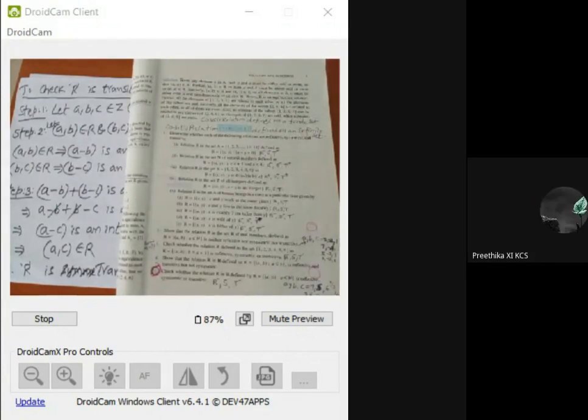Sir, then also for the second question, for the first one, you have said that it is reflexive, but we have 1 comma 1, 2 comma 2, and 3 comma 3, sir.